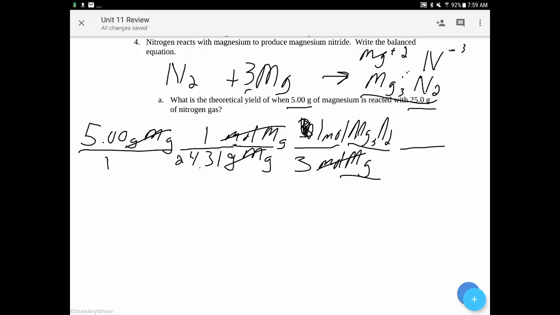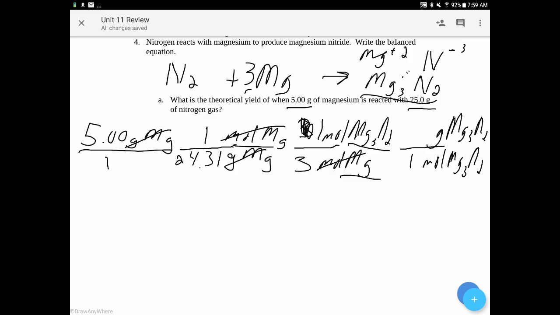So we need another conversion factor. We need moles Mg3N2 on bottom to cancel out, and we need grams Mg3N2 on top.